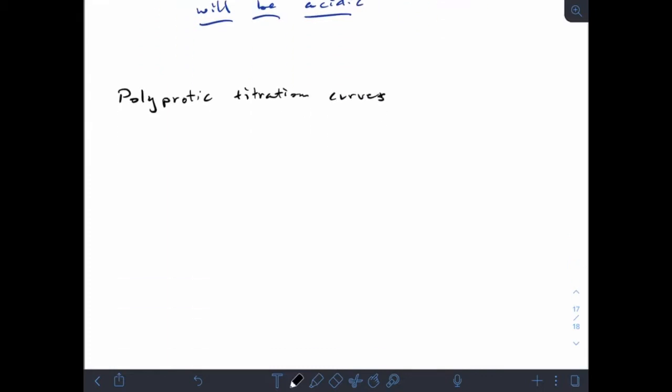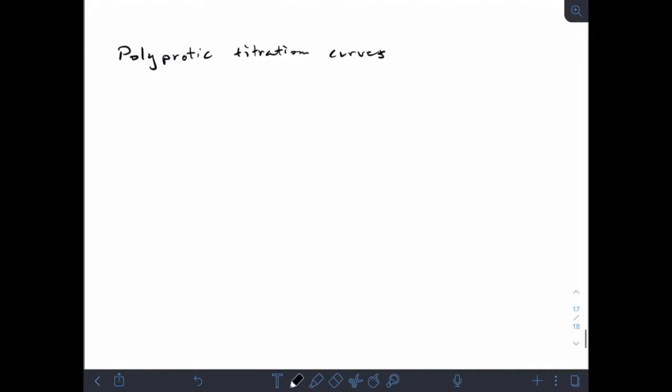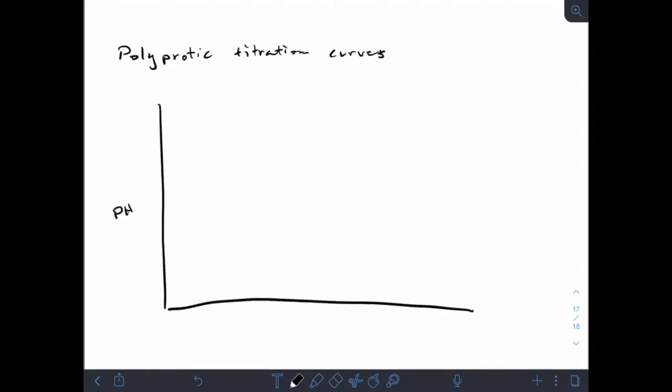Okay, so what those look like, they have a similar form, but they are multi-step. Right, so we're going to titrate sulfuric acid with NaOH.